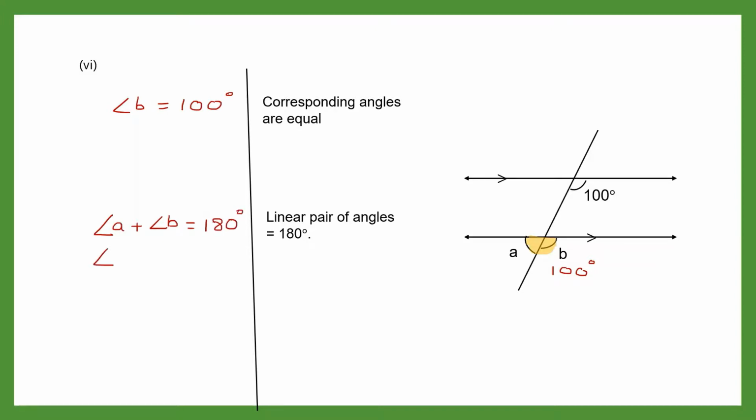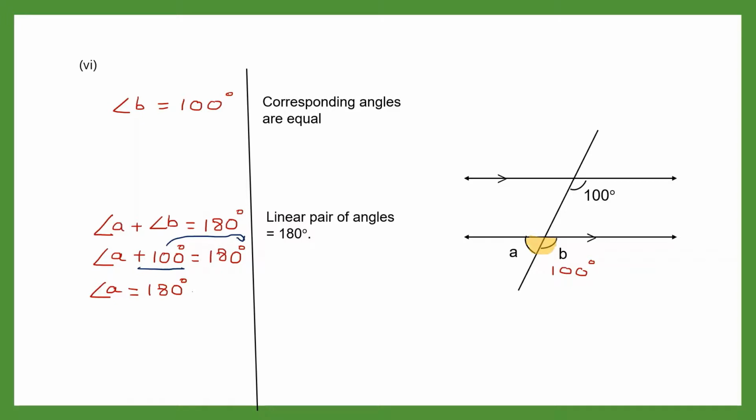Angle A we are going to find out. Angle B we know is 100 degrees. Together they should add up to 180 degrees. So angle A, I will leave it on the left hand side. On the right hand side I have 180 degrees. Now I'm going to move plus 100 degrees to the right hand side.